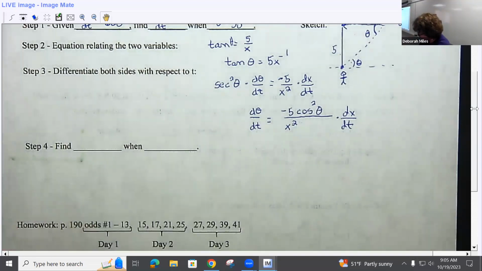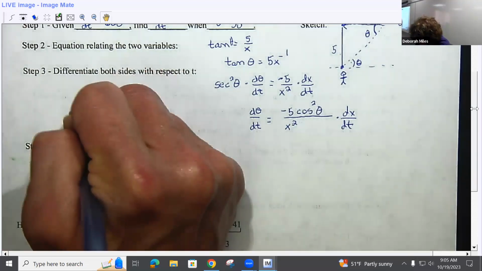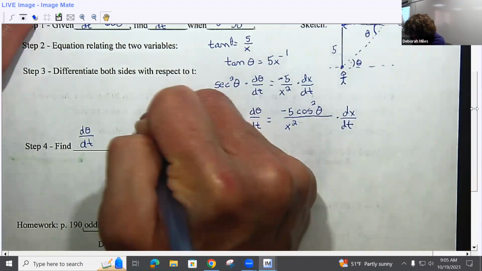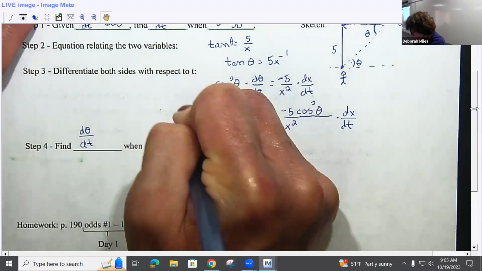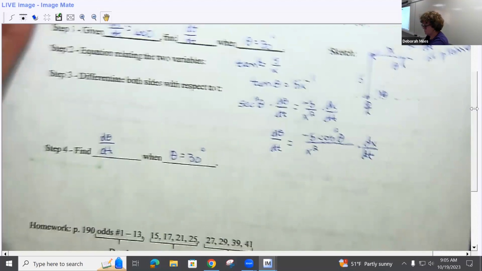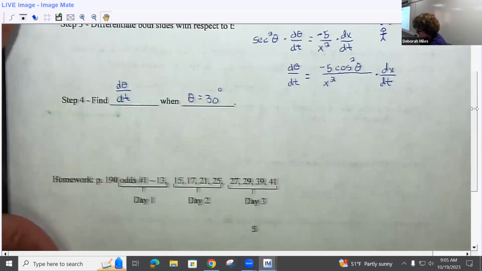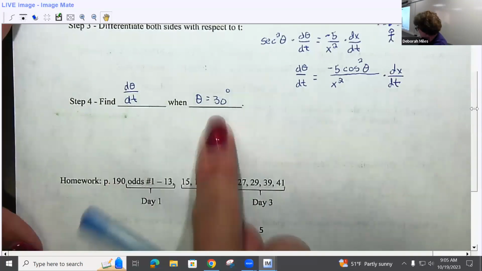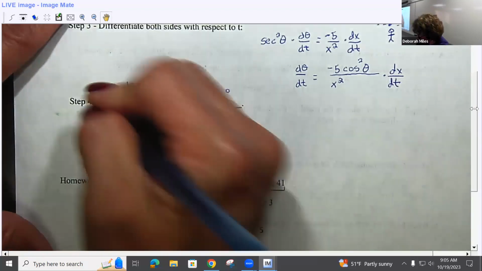What I'm ultimately looking for is d theta over dt when theta equals 30 degrees. In order to do that, I have to find an x when theta is 30 degrees.